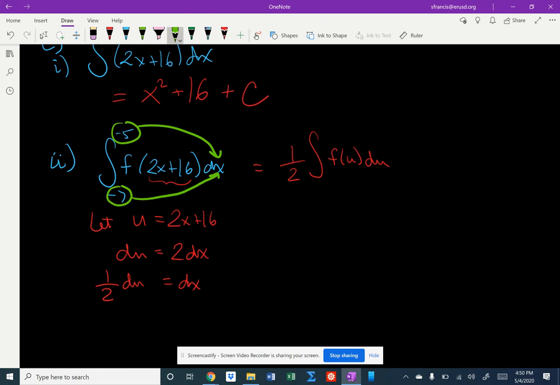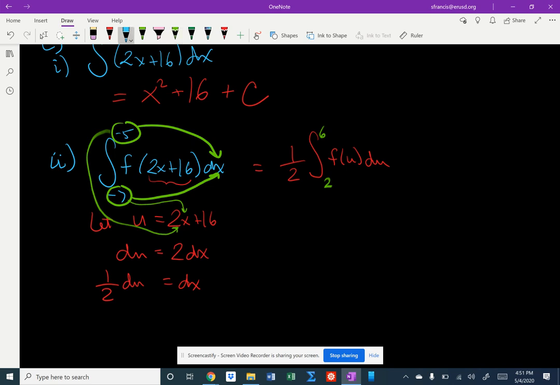So I'm going to take this -7, plug it in down over here and calculate what u is when x equals -7. Well, 2 times -7 is -14, plus 16 is going to be a +2. Same thing with the -5. I'm going to plug that in over here. 2 times -5 is -10. -10 plus 16 is 6. And so those are my new upper and lower limits of integration.